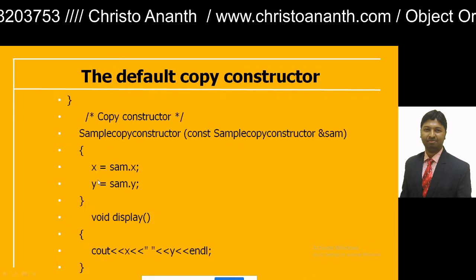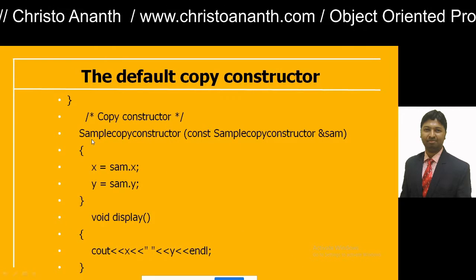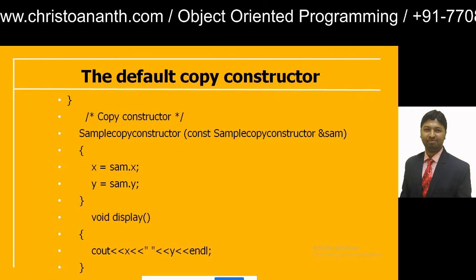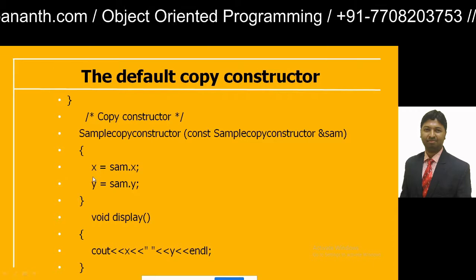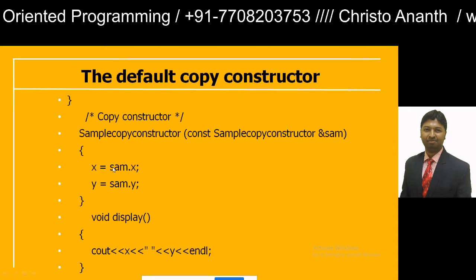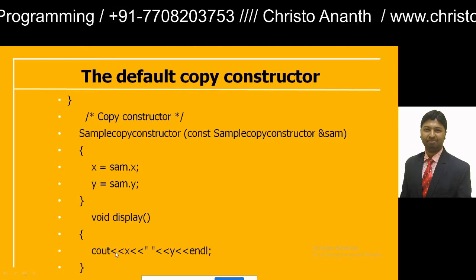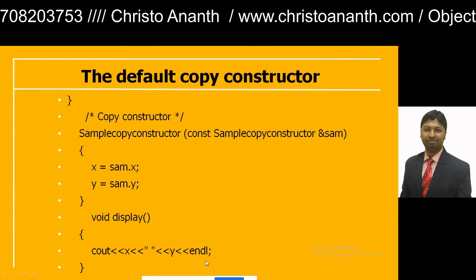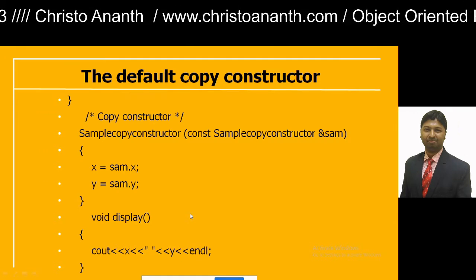Then you go for the copy constructor, SampleCopyConstructor(const SampleCopyConstructor& sam). Here you set x equal to sam.x and y equal to sam.y. Finally in display, you print the result: cout x, and then y.